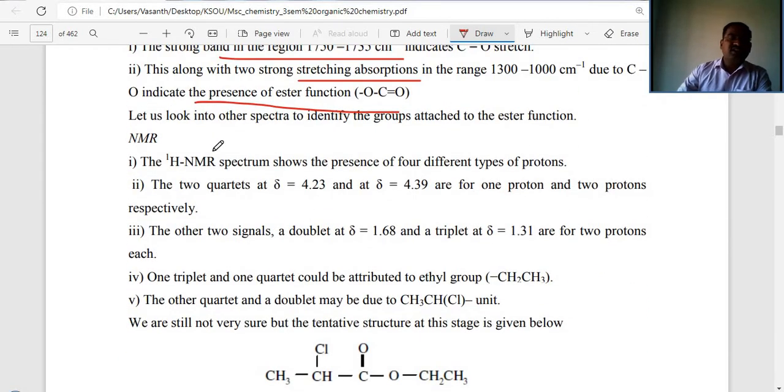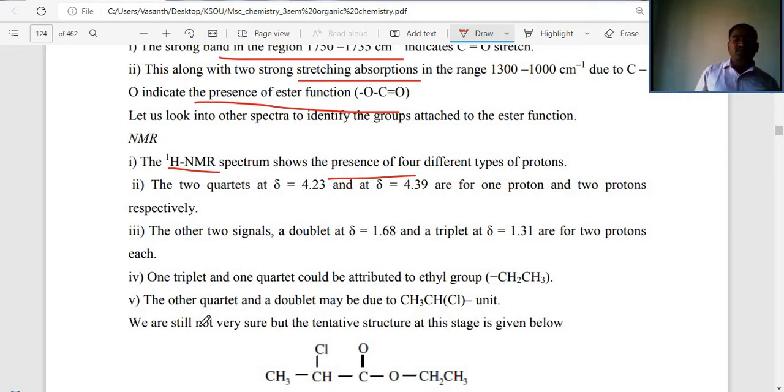In the NMR, the proton NMR spectrum shows the presence of 4 different types of protons. The quartets at chemical shift delta equal to 4.23 and delta equal to 4.29 are for 2 protons each respectively.